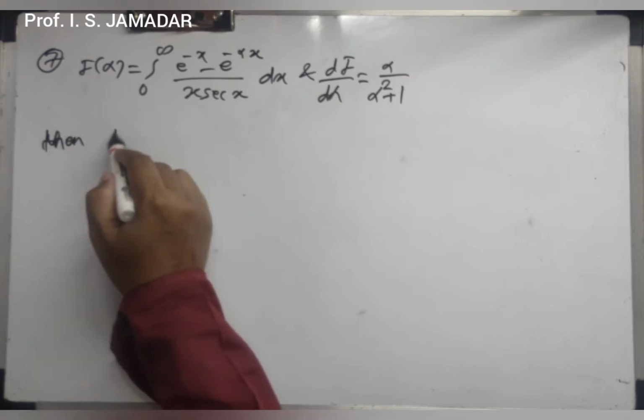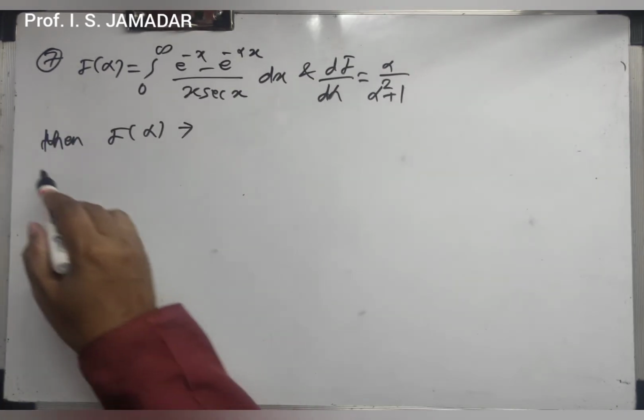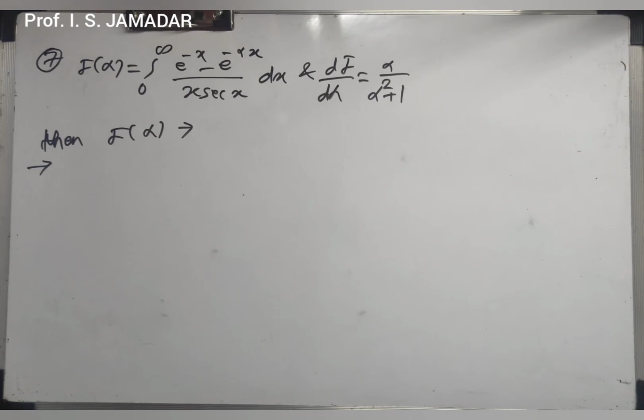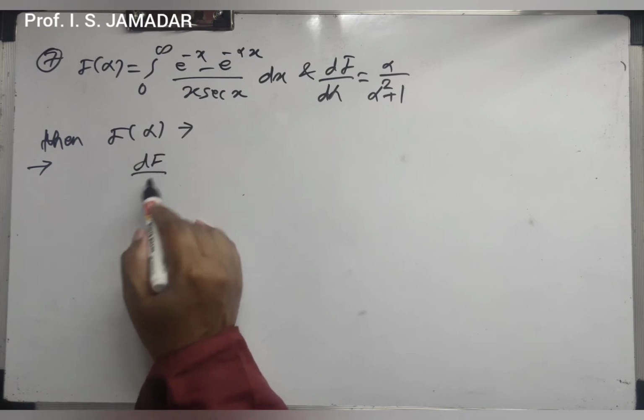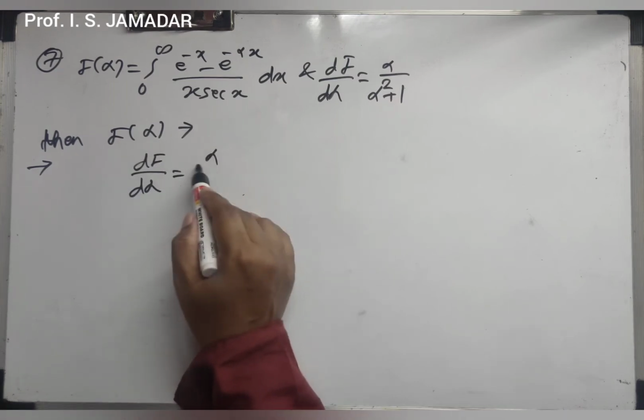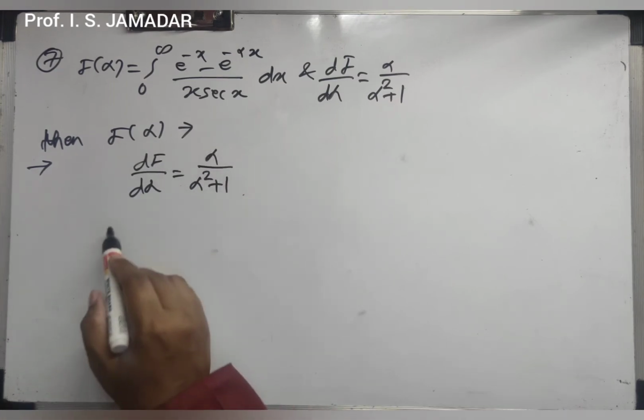Then what is the I of alpha? So it is of the type where the integral is asked and derivative is given. Di by d alpha is given as alpha upon alpha square plus 1.